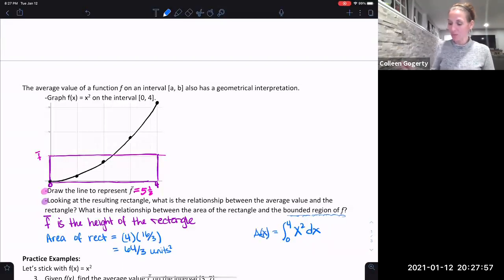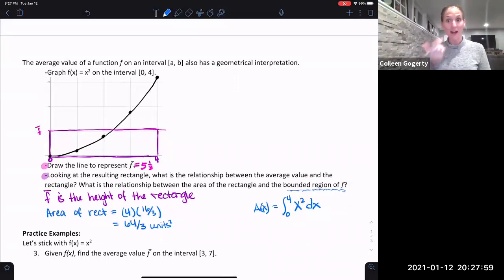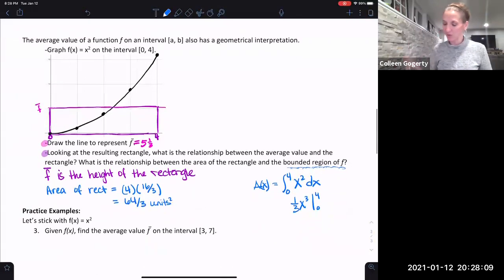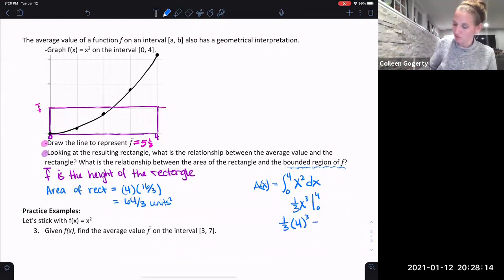To figure this out, I'm going to once again use the fundamental theorem of calculus. This gives me 1/3 x cubed, which I need to evaluate from 0 to 4. So I've got 1/3 times 4 cubed minus 1/3 times 0 cubed. Guess what? 64/3 square units.